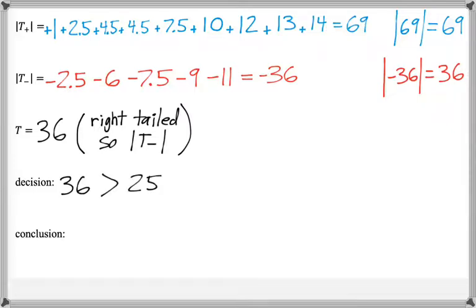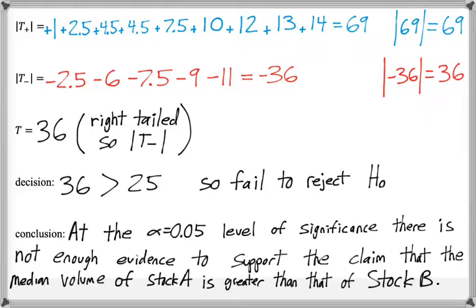So T is greater than the critical value, which means we fail to reject the null hypothesis. And the conclusion is, at the 0.05 level of significance, there is not enough evidence to support the claim that the median volume of stock A is greater than that of stock B.